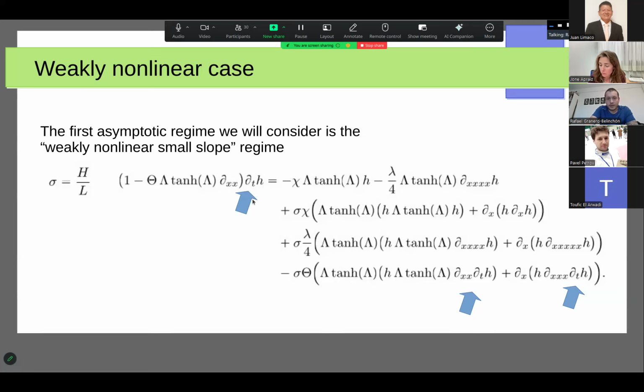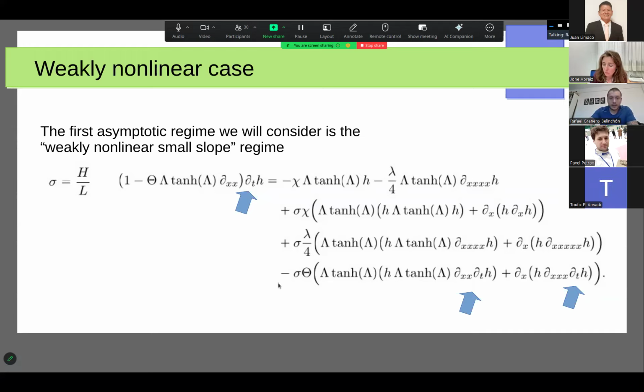Imagine every parameter here is a 1. Of course we want something like time derivative of h equal to something, but the problem is that on the right hand side there are also time derivatives of h. So first we have to somehow invert this operator, otherwise we don't have a bona fide evolutionary problem for h.